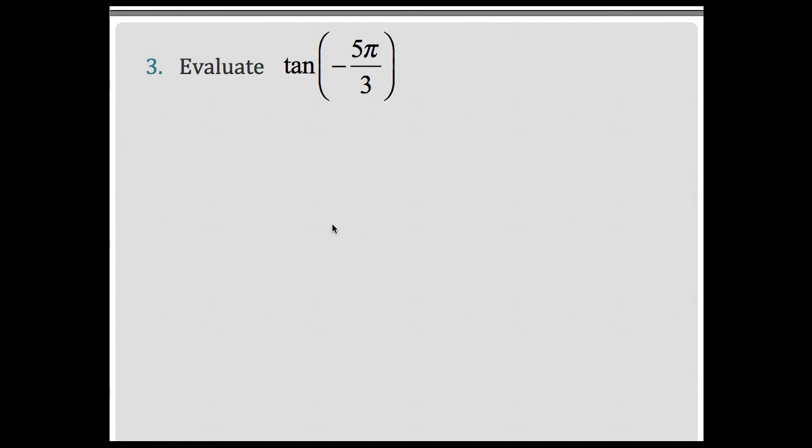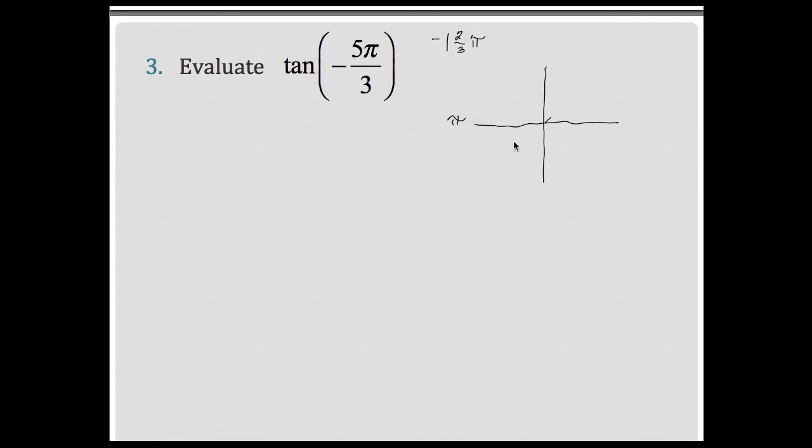All right, let's do a negative angle. So if we think about where that's located, negative 5 pi over 3, if you want, think of it in terms of a mixed number. It's going to be negative 1 2/3 pi. So remember it's a negative angle, so you're measuring backwards. So you're going to go around to pi and then 2/3 of the way more around the semicircle.